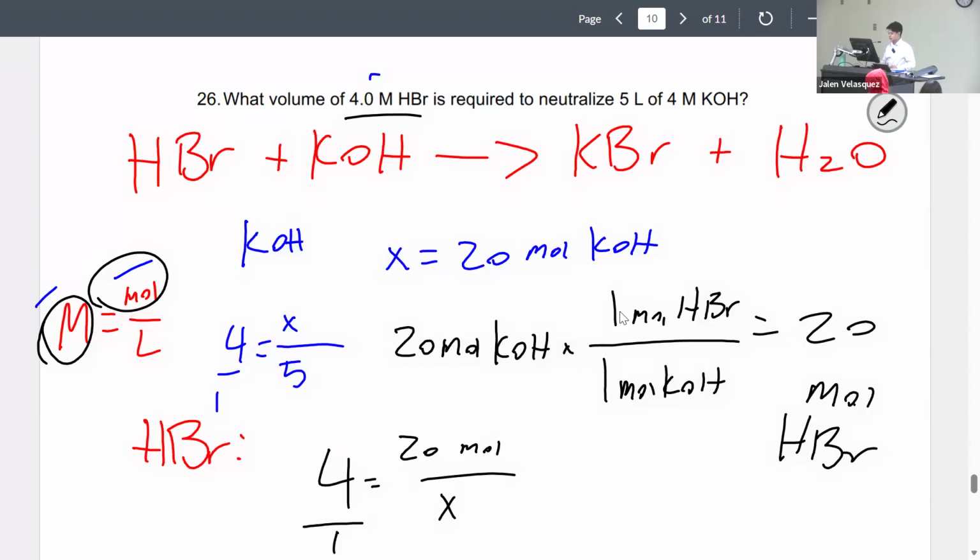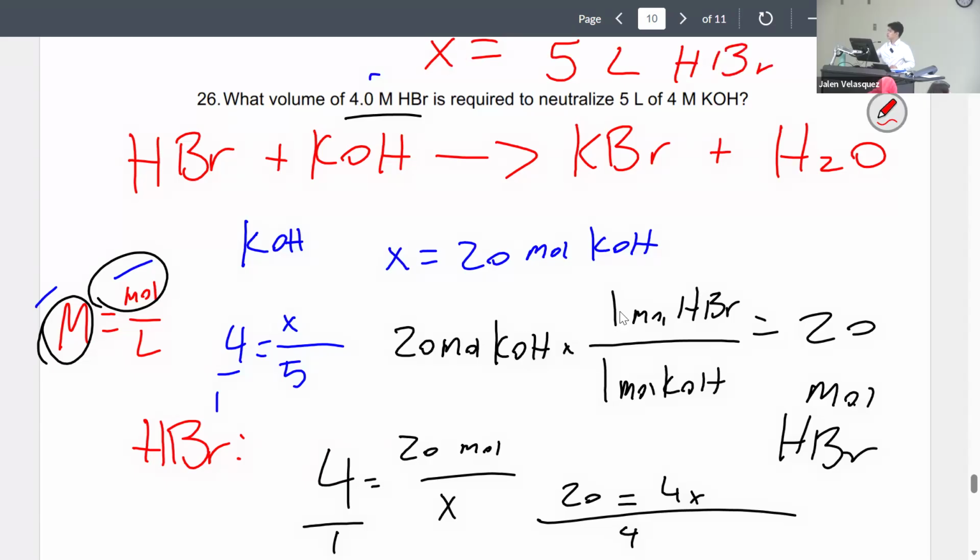You're going to solve for X, so cross multiply. 1 times 20 is 20, set that equal to 4 times X, which is 4X. Divide by 4, and what's the volume of hydrobromic acid? Good, I'll write it up here because I'm running out of space. X is equal to 5 liters hydrobromic acid.